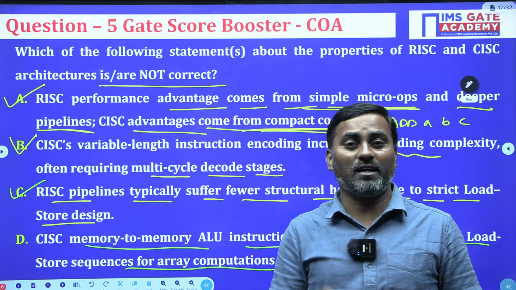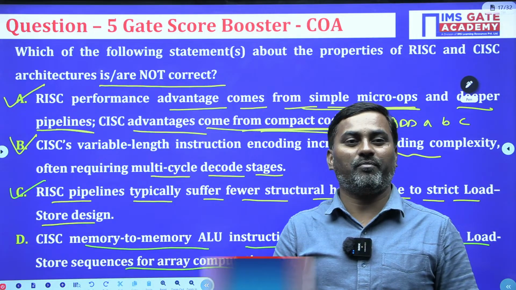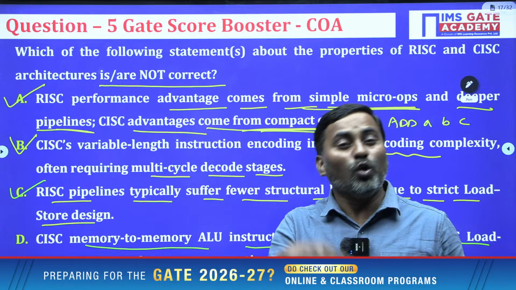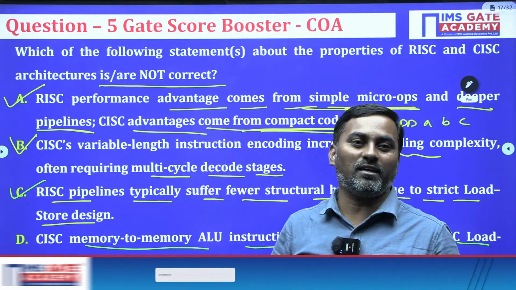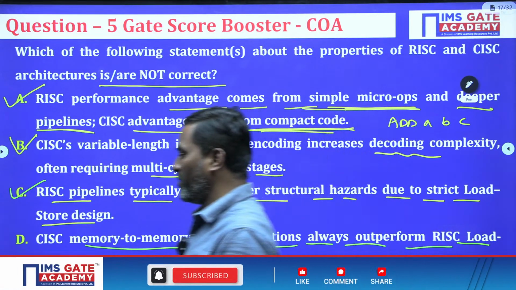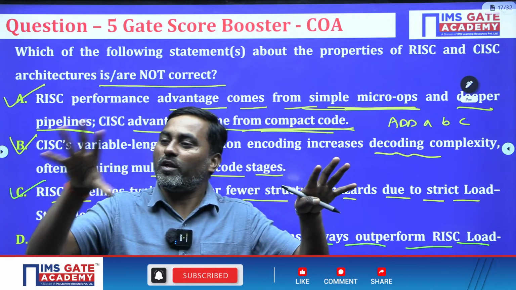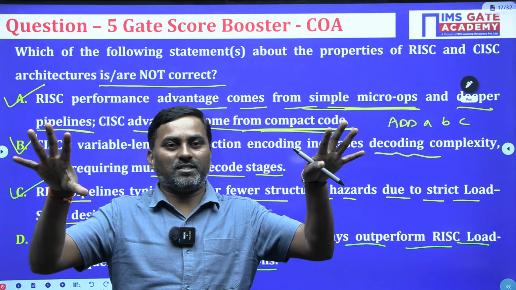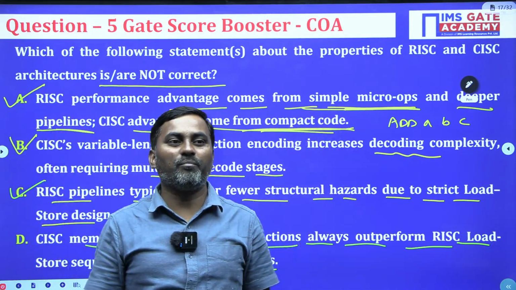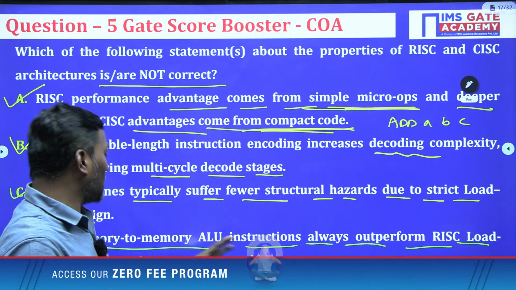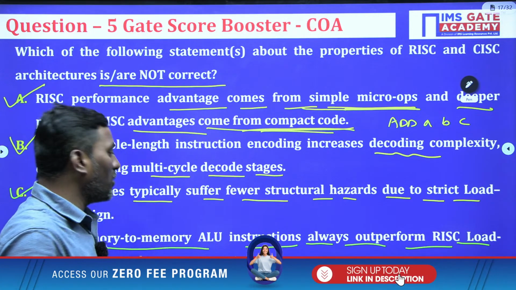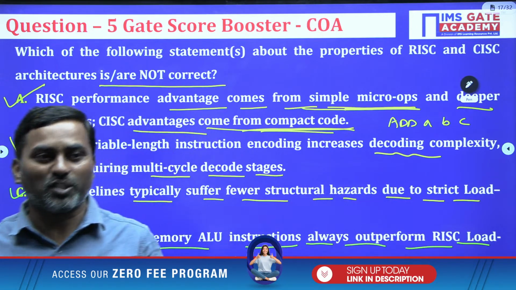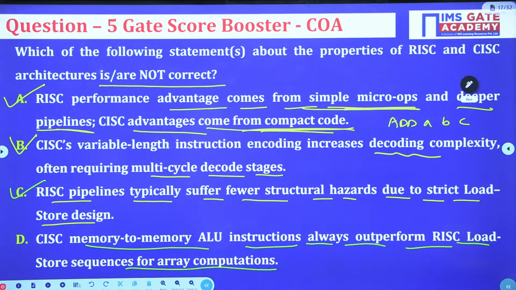Under CISC architecture, memory to memory references give better performance than load store instructions in RISC style, is what it is saying. Is it true or false? He is comparing load store in RISC with memory access in CISC. For this array computation, he is saying that memory to memory ALU arithmetic operations perform better than RISC style. Is it true or false?